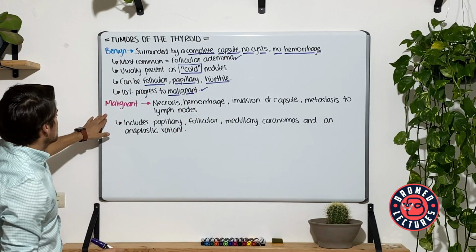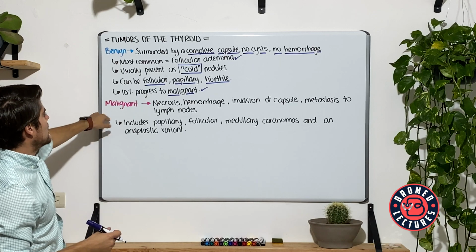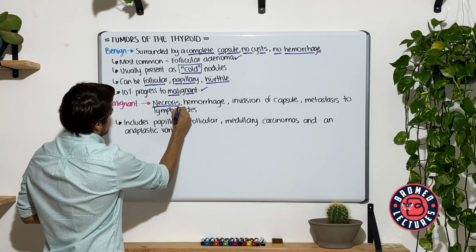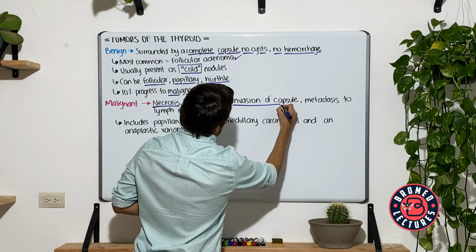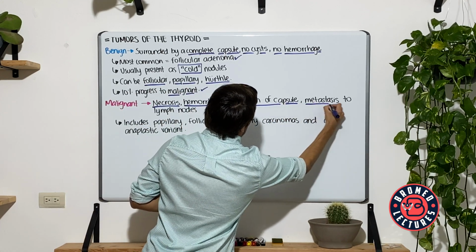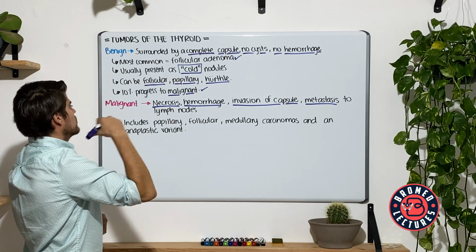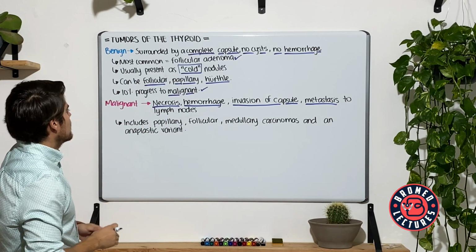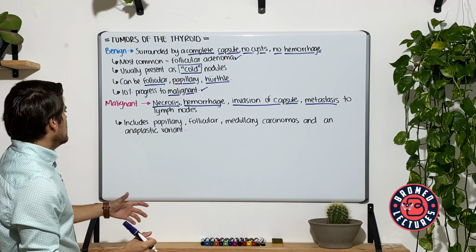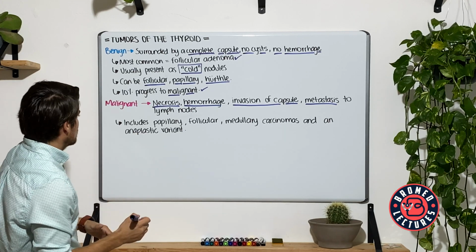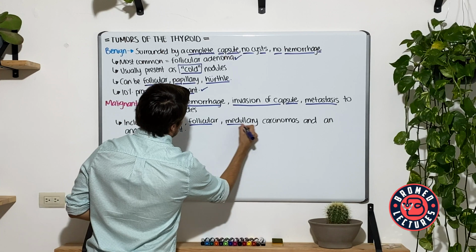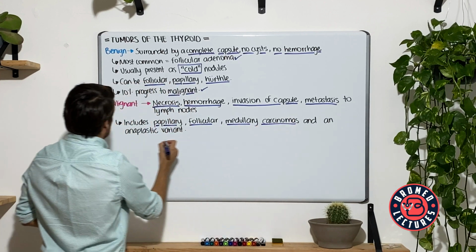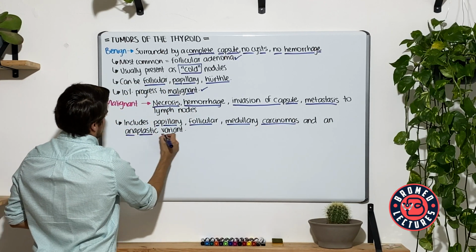Now, for the malignant ones, they are usually described as having necrosis on the biopsy, presence of hemorrhage, invasion of the capsule, and metastasis to lymph nodes, to distant organs, and to the surrounding tissues. It includes the ones that we're going to further describe, which are papillary, follicular, medullary carcinomas, and the anaplastic variant.